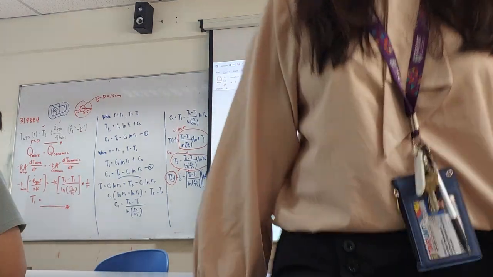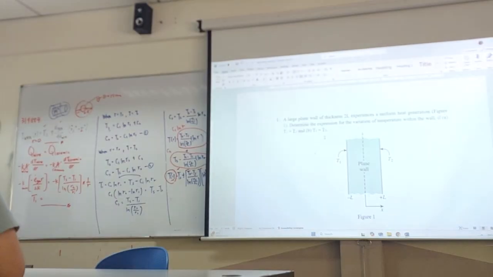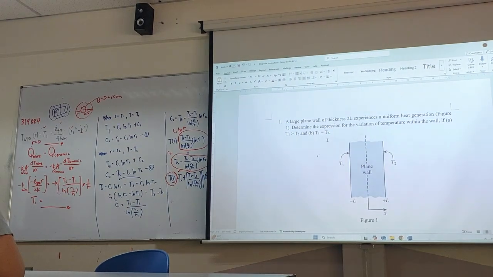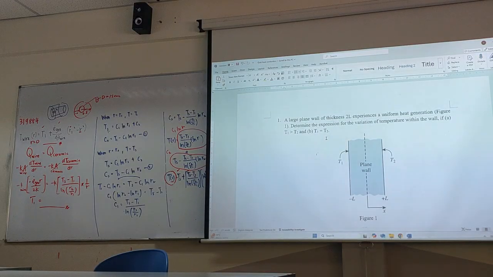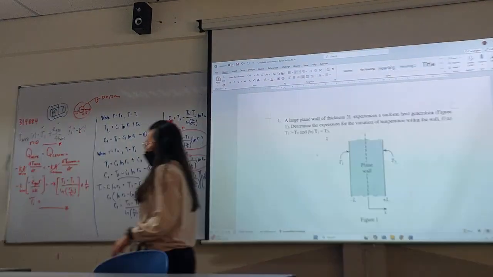What is the T1 you get? Haven't got it yet? T1 is 149 point something. T center? The calculated T1 is 149 point something degrees Celsius.